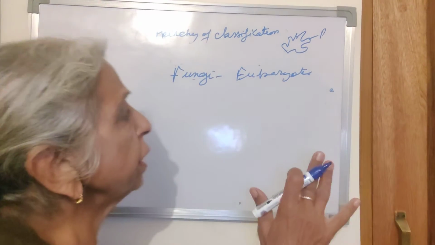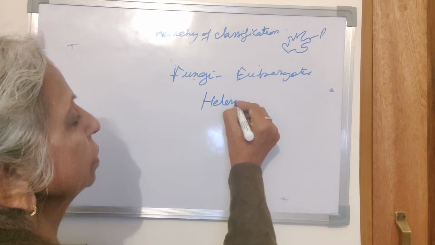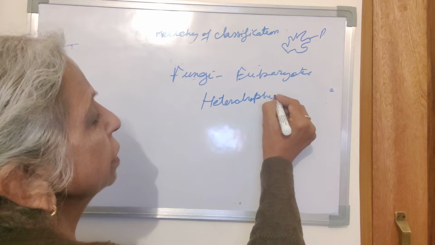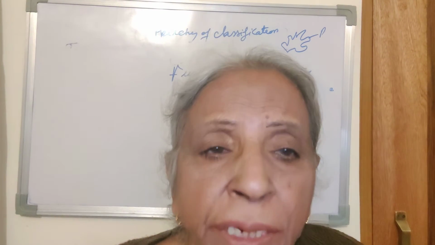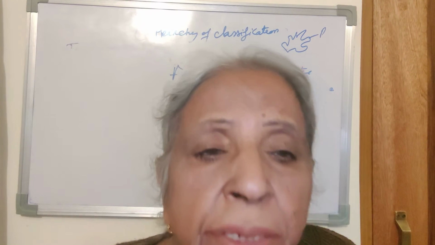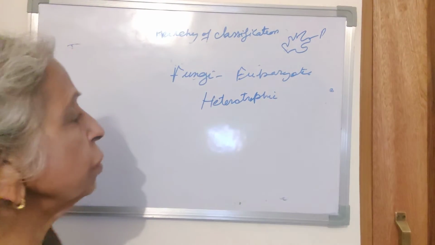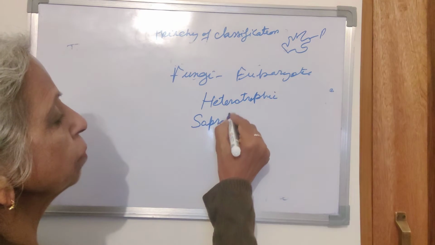They are entirely heterotrophic. In this case, they obtain their food either from dead decaying organic matter or from the living organism. So when they obtain their food from dead organic matter, they are called saprotrophs.